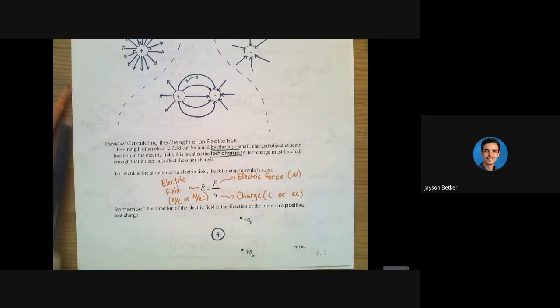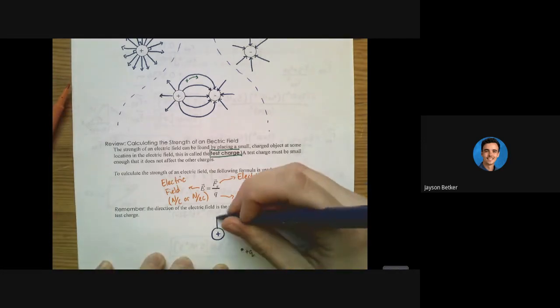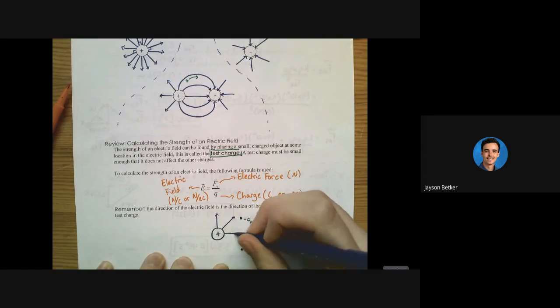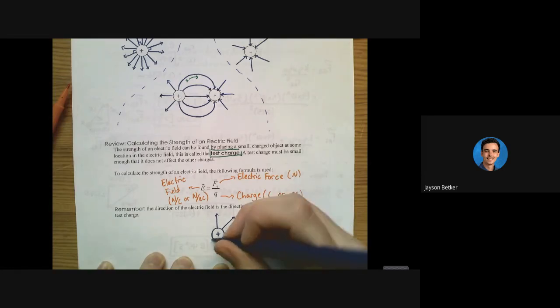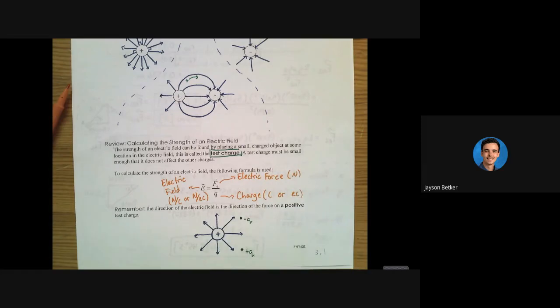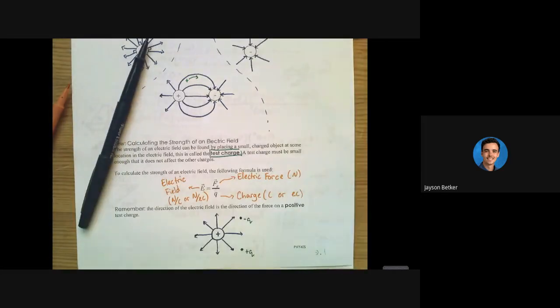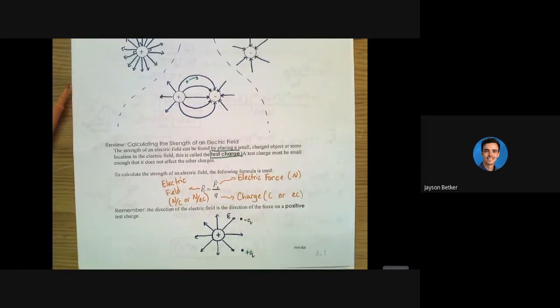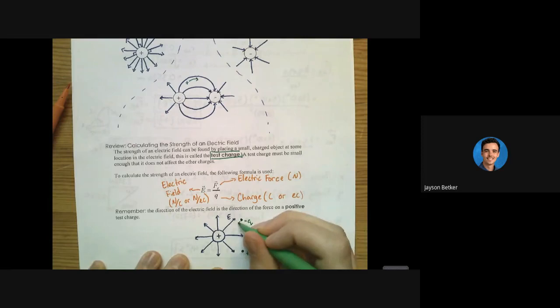Your job is, first off, to show me the electric field lines. Show me that the electric field lines go like this, away from a positive point charge. We know that. And then, which direction is the force that these feel? Sorry, I'm just going to write that this is E. If this is a negative charge, it's going to feel a force of attraction.